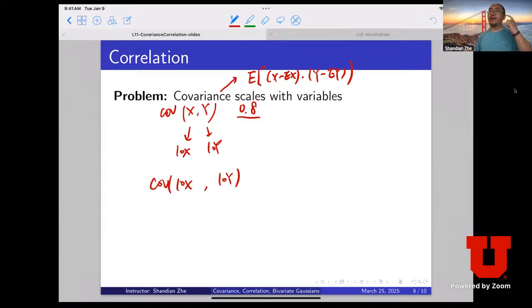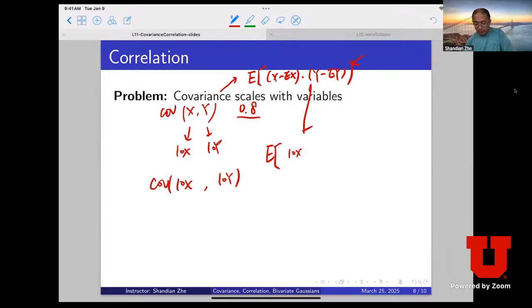Remember, you're not only multiplying x by 10, you're also multiplying y by 10, right? Look into this formula. We can just do some substitution. Now you're going to replace x by 10x.